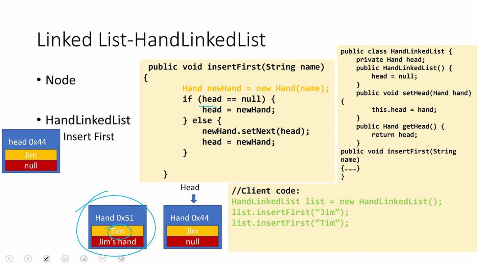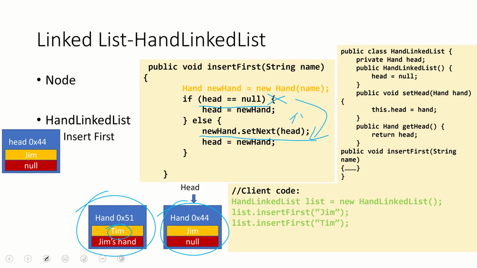At this point, we need to check our head, whether it is none or has something, right? Obviously, the head is Jim, right? So this condition returns false, which leads us to the else statement. In the else statement, we set our new hand's next to the head.